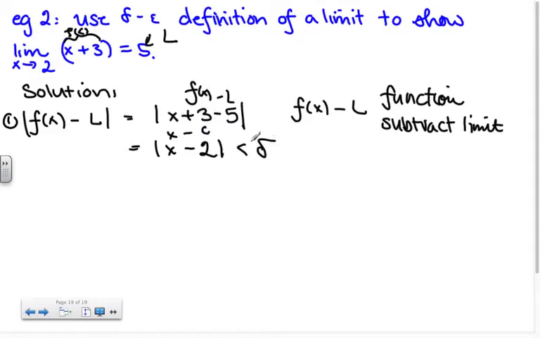That's how I know to make it less than delta. So we make that less than delta, and not epsilon, because we're using our definition here. So now I know that x minus 2 must be less than delta.